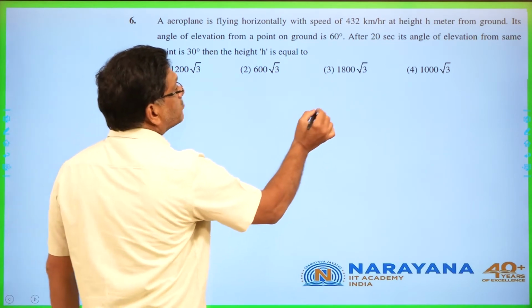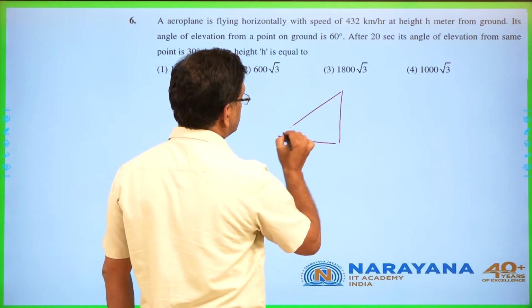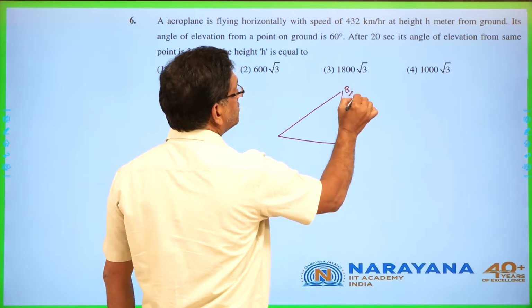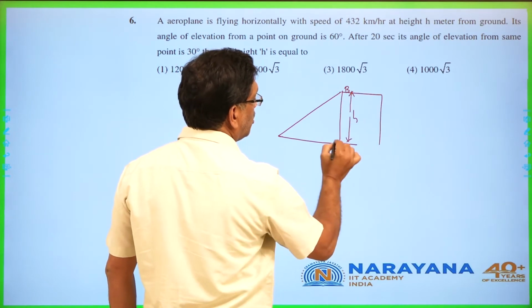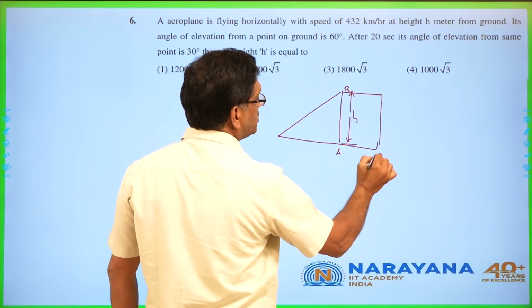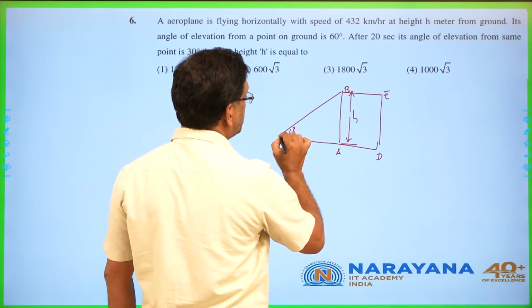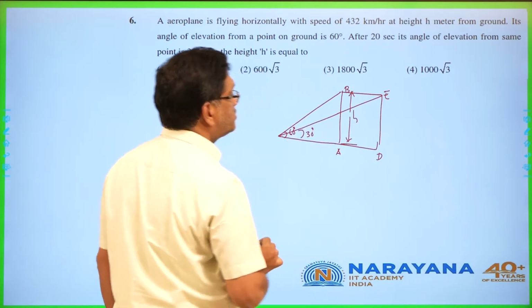I'm going to draw the diagram once again. A, B, this is H given. After some time, this is D, E, this is 60 degrees, whereas this is 30 degrees, right?